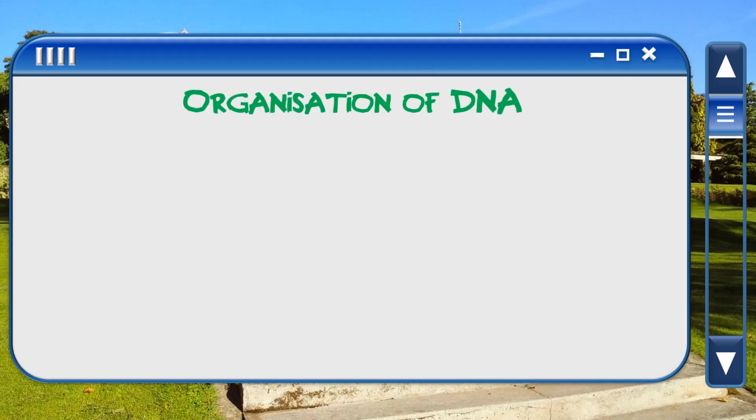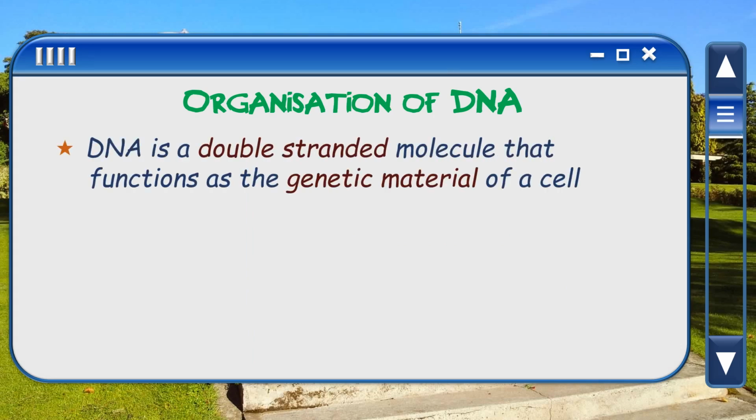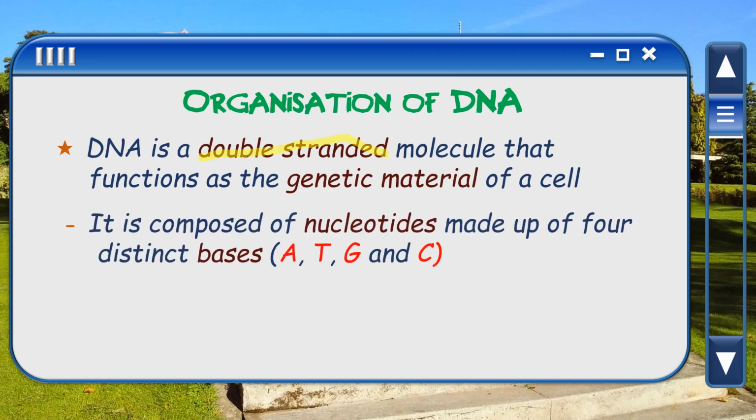Organization of DNA. We say that DNA is a double-stranded molecule that functions as the genetic material of a cell. So it has two strands.